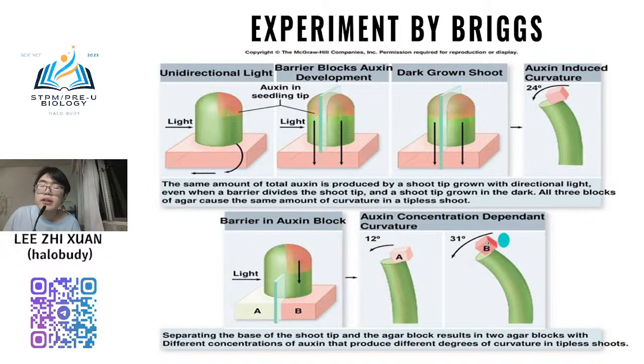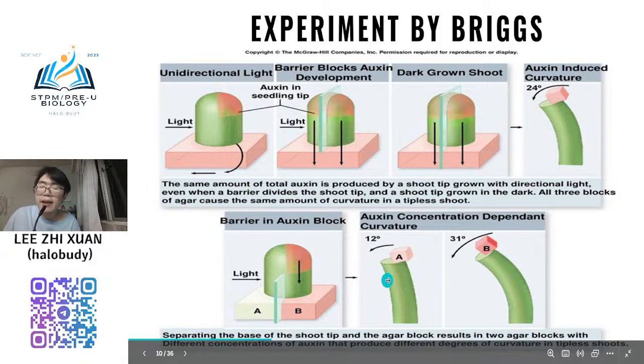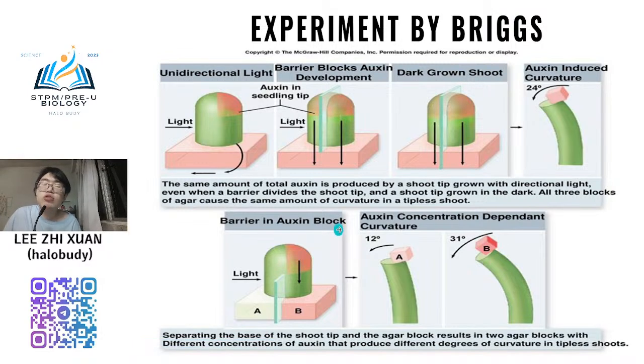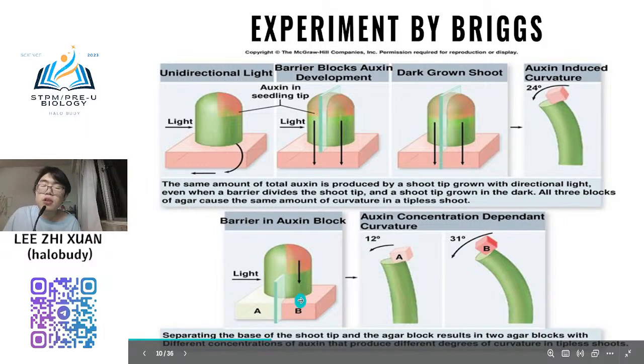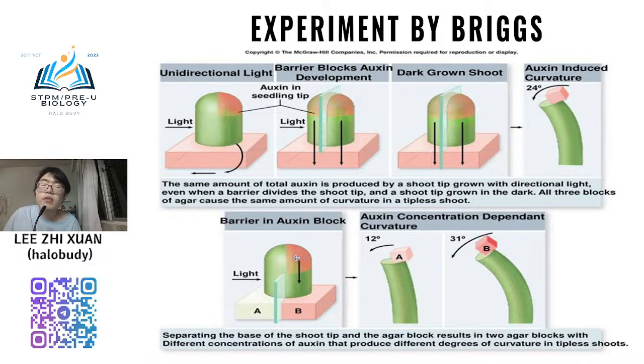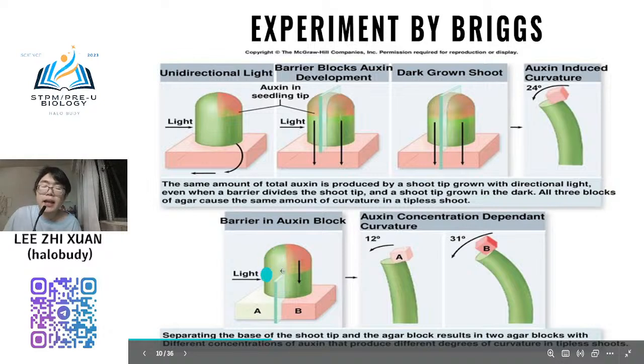Because B contains high concentration of auxin, so it will respond more toward the light compared to A. Okay, so this is the Briggs experiment that tells you about the light response of the auxin. Even though it is in the agar block and not the whole plant, the auxin will respond only in the darker side, not at the light side.